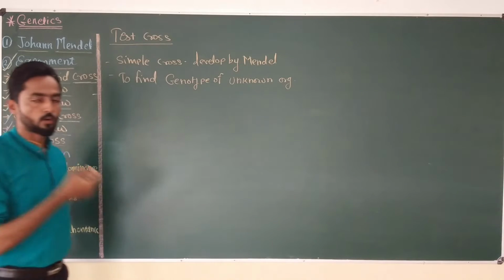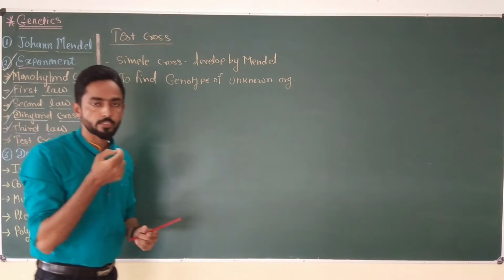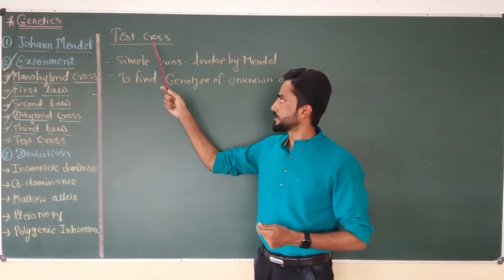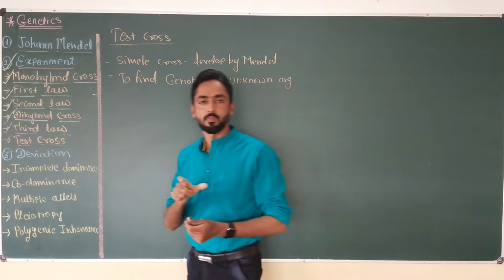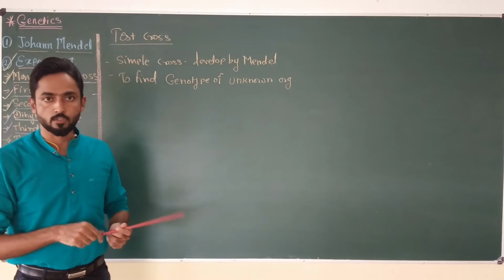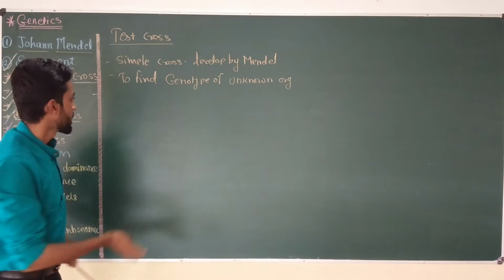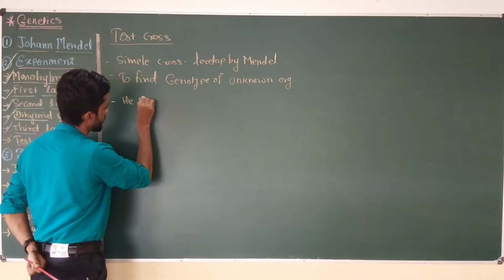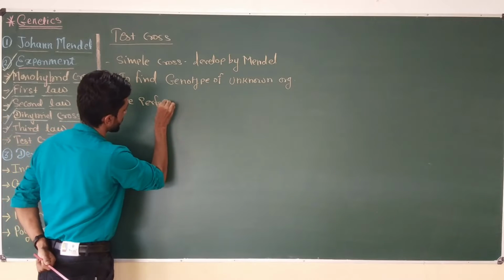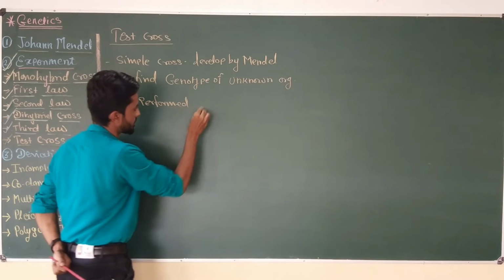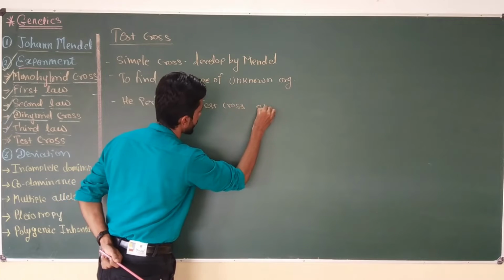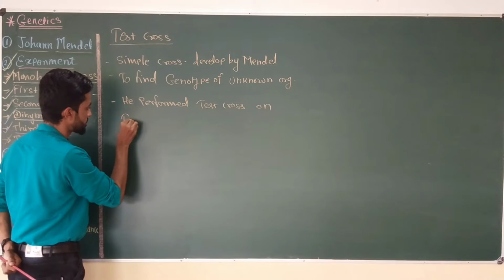Okay, suppose we have an organism and we want to determine its genotype. In that case we can use the test cross which Mendel performed. Actually Mendel did test cross on garden pea plant and he performed test cross on F1 hybrid plants.